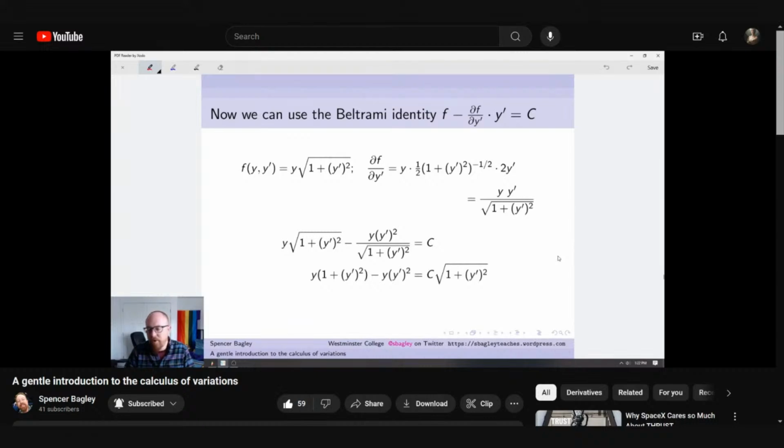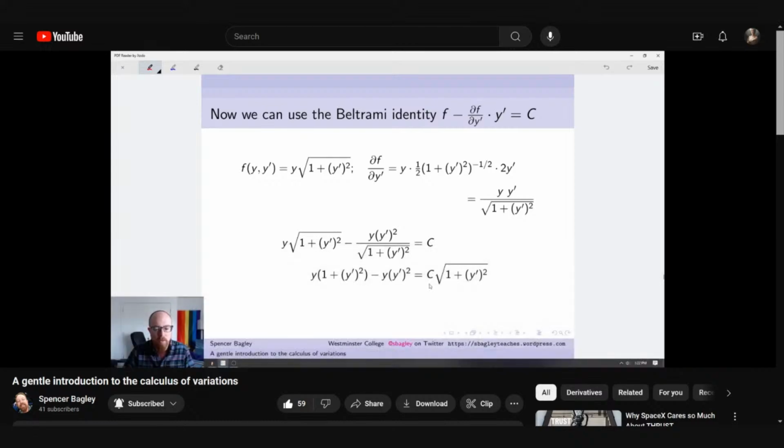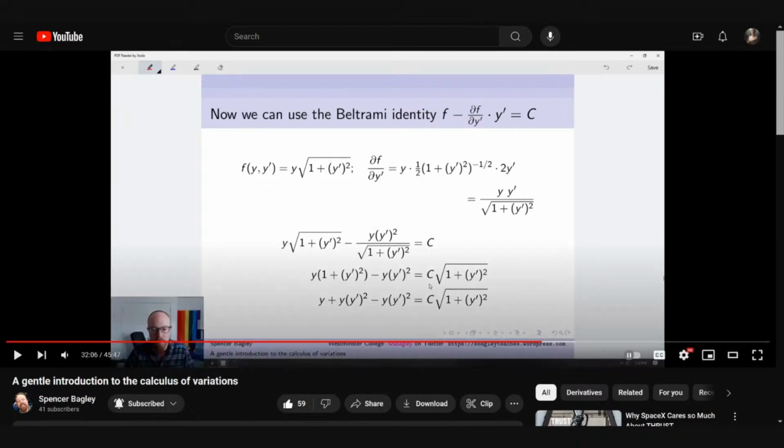I'm going to clear that denominator because the square roots are freaking me out. So multiply by the bottom square root, which is good.